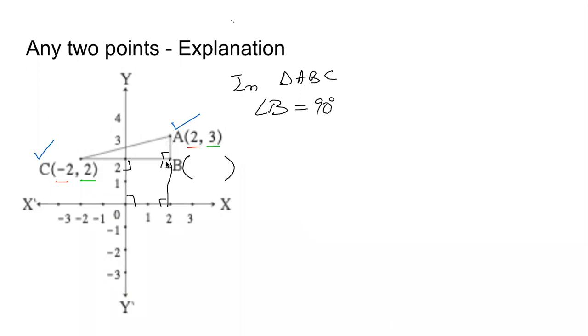A and B are at the same distance from the y-axis. That means their x-coordinate is same. That means the x-coordinate is 2.